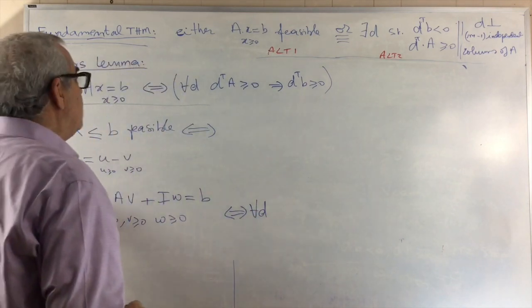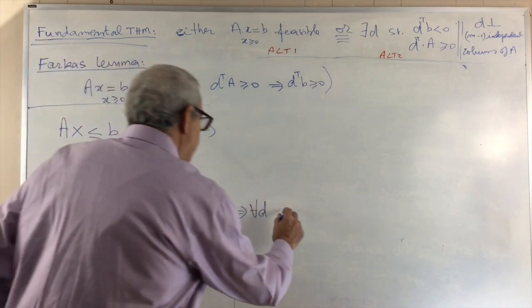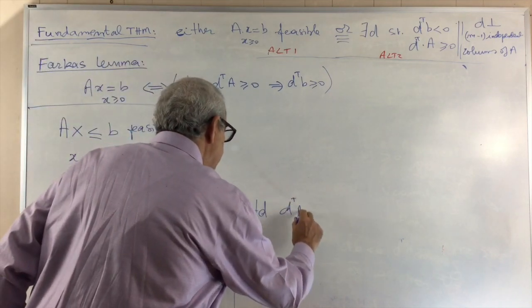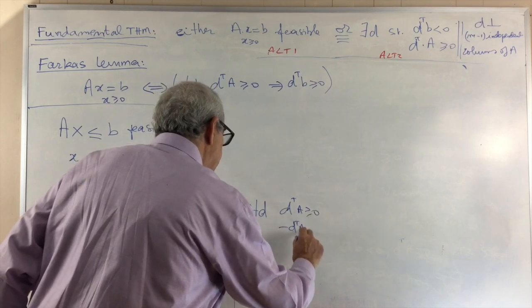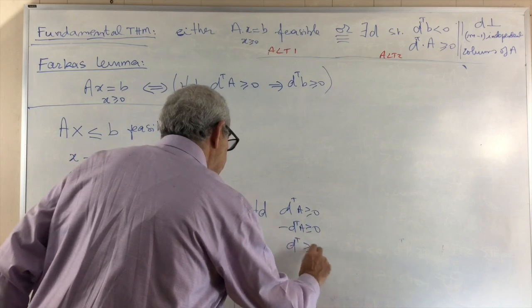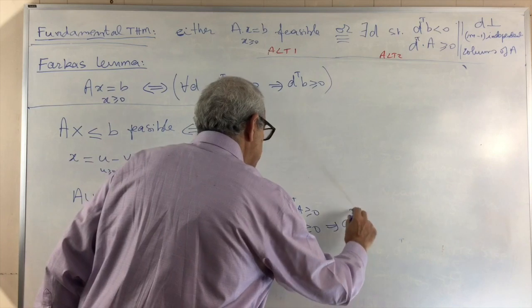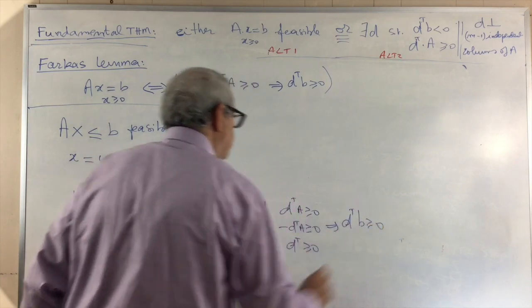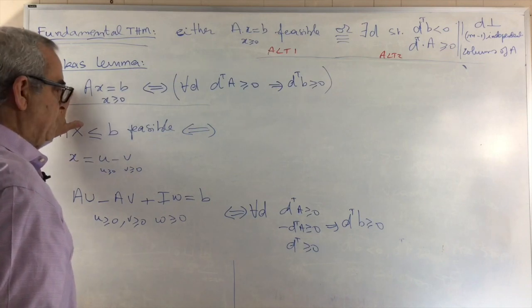and then I multiply the matrix of the system by d transpose. So I get d transpose A greater or equal to 0, minus d transpose A greater or equal to 0, and d transpose greater or equal to 0. This set implies d transpose b greater or equal to 0. Okay? So I just applied this form of Farkas lemma.